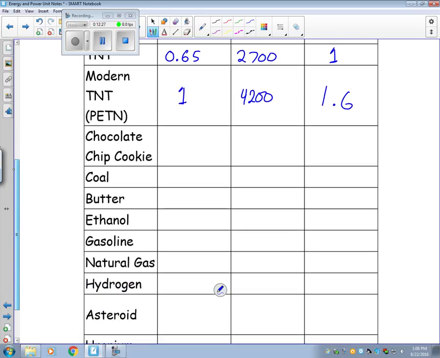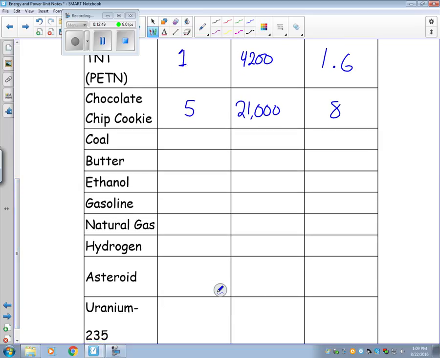A chocolate chip cookie. 1 gram of chocolate chip cookie has 5 calories. So that's 21,000 joules. And 1 gram of chocolate chip cookie has 8 times more energy than 1 gram of TNT. That is a lot.